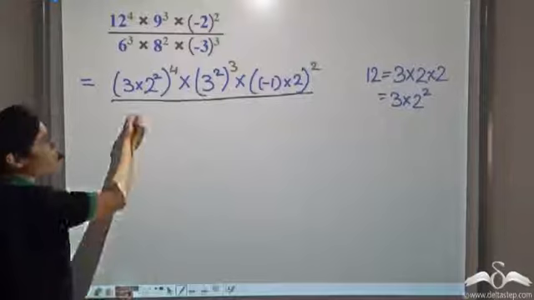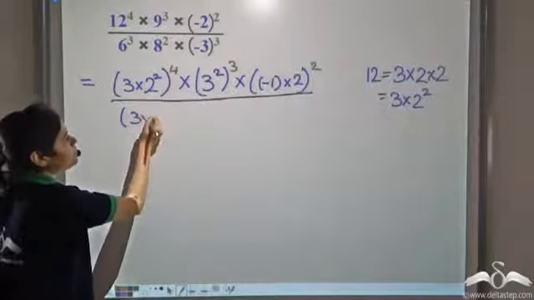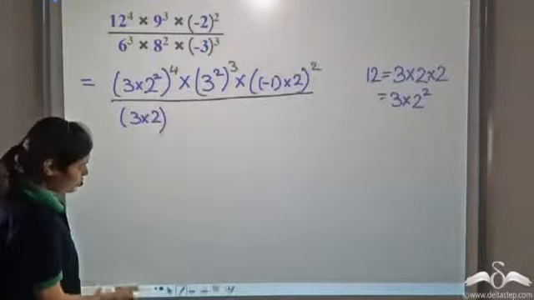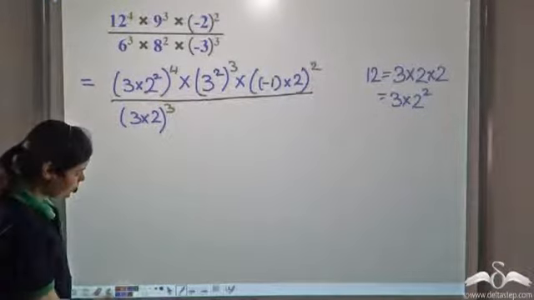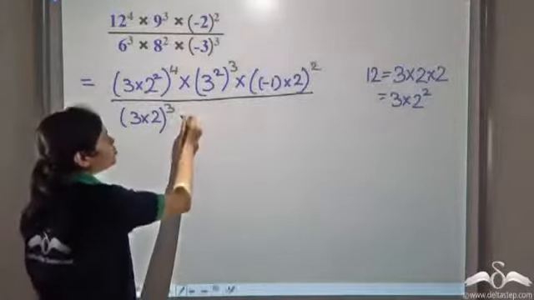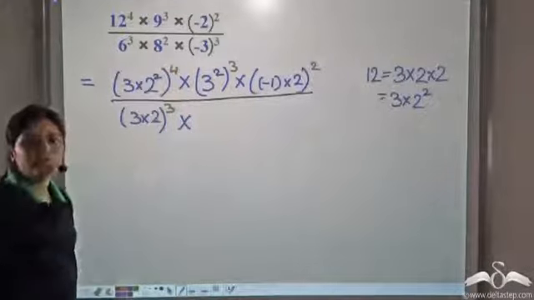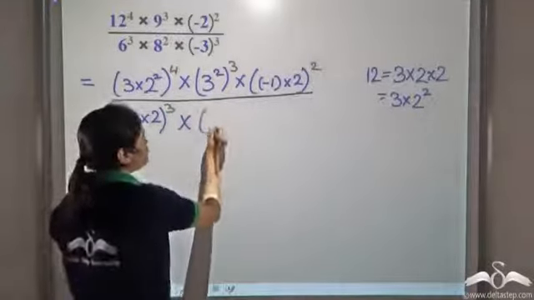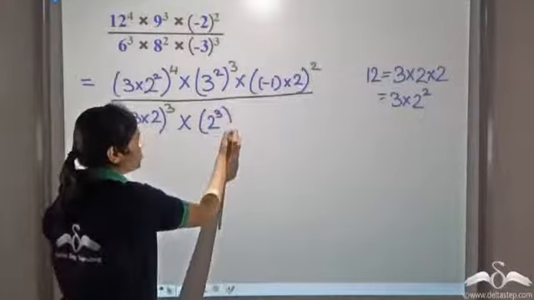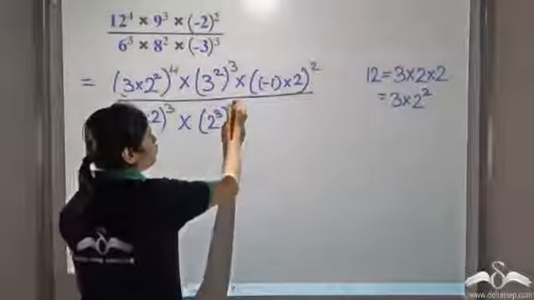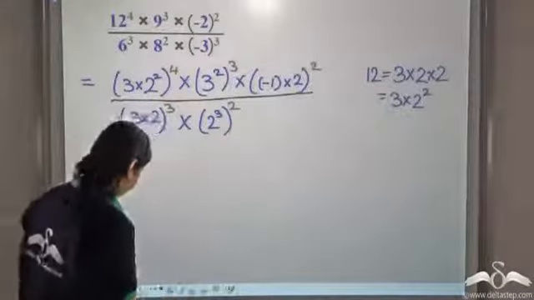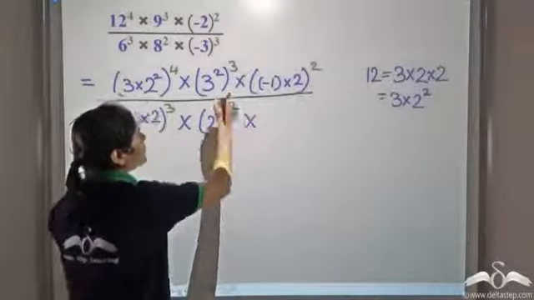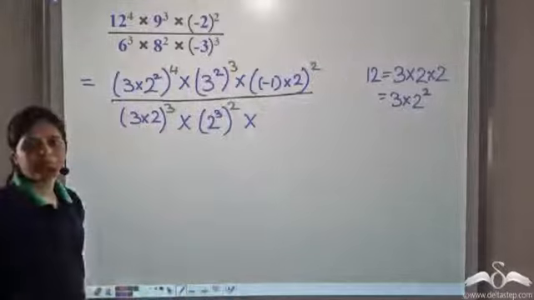6 is 3 into 2. So 3 into 2 whole to the power 3 into 8 to the power 2. 8 is 2 cube. So 2 cube whole to the power 2 into negative 3 cube.